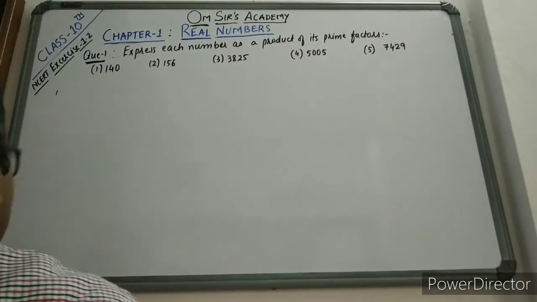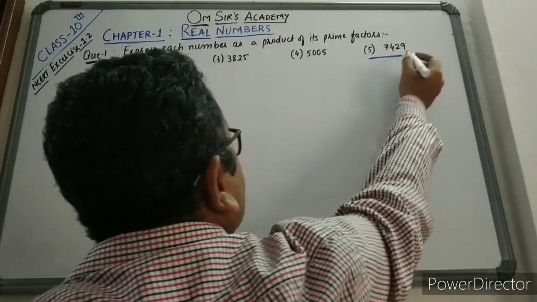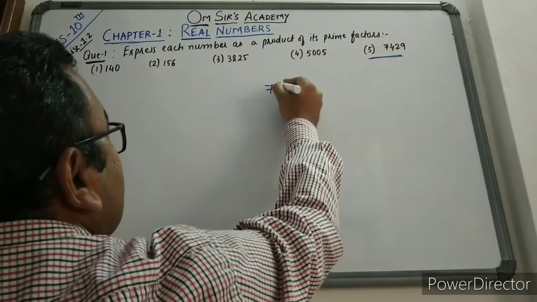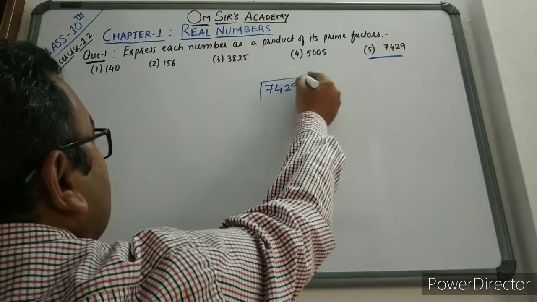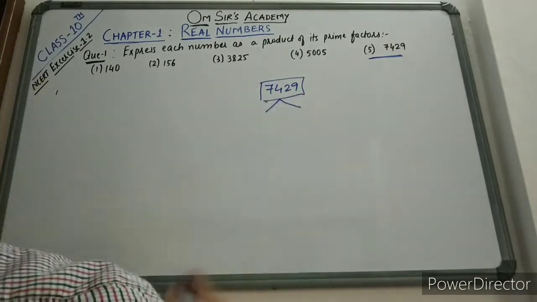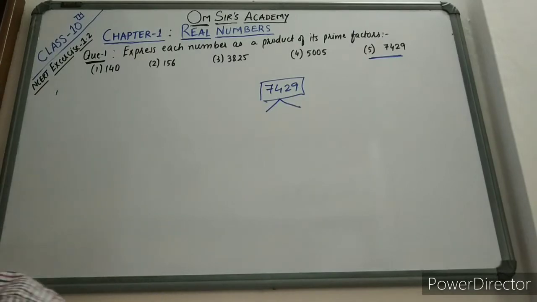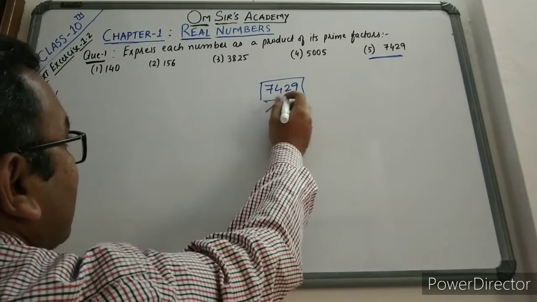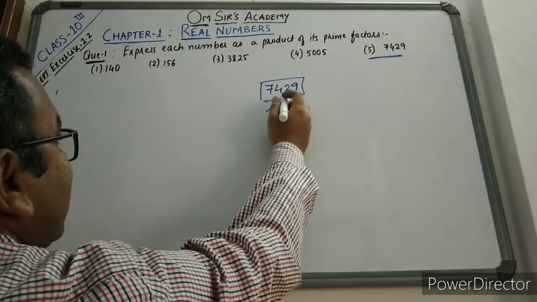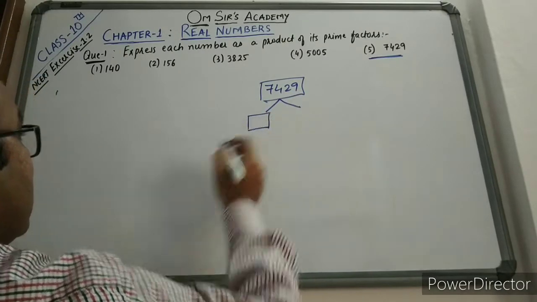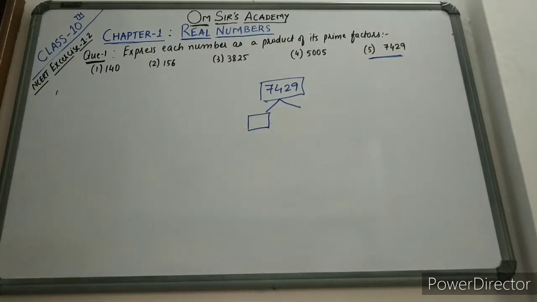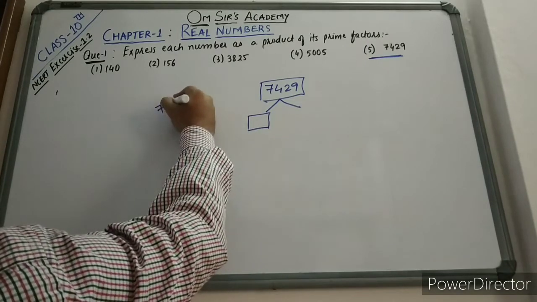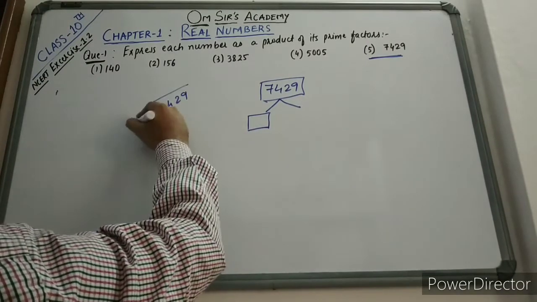So what will be the answer of this fifth one? 7429. What can be the prime factors of this 7429? It cannot be divided by 3, and it cannot be divided by 11 also. So let us say 7429 is divided by 17.